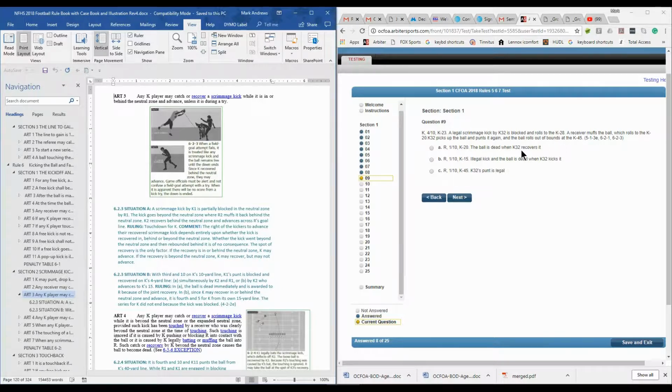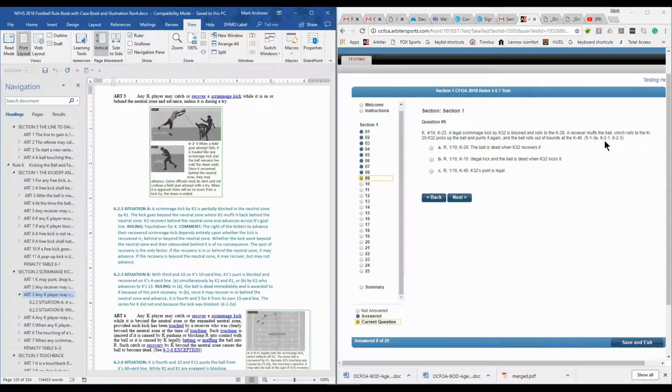What do we have? Is the ball dead when K32 recovers it? So we'll have receiving team 1st and 10 at the K20. Is it an illegal kick, and the ball is dead when K32 kicks it? So we'd have R 1st and 10 at the K15. Or is it simply R's ball at the K45, K32's punt is legal?